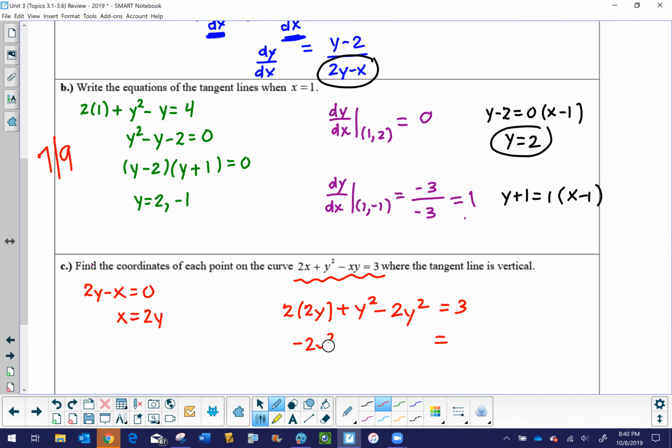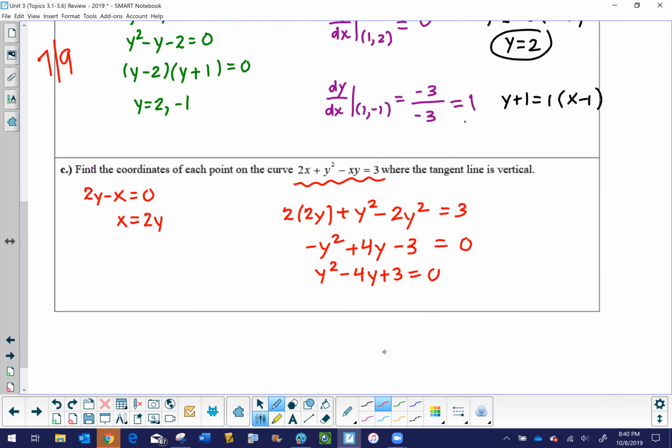No, I'm a liar. -1y squared plus 4y, subtract 3 equals 0. Not a fan of this negative out in front, so I'm going to multiply by a negative. There we go. And then I can factor, and I promise that this will factor. The problem was too difficult as it is. We don't want something that doesn't factor.